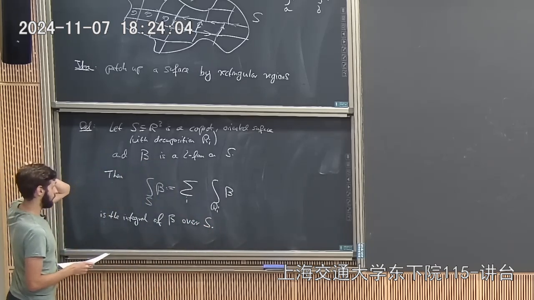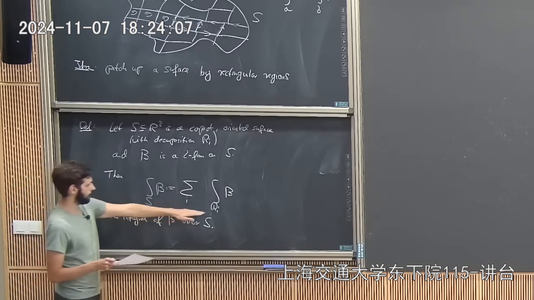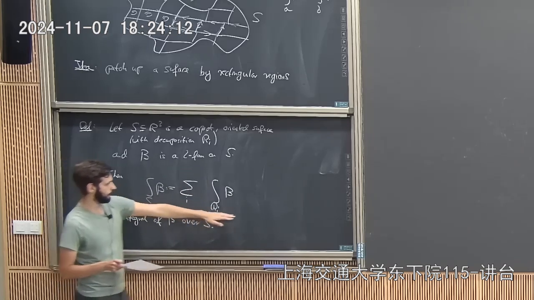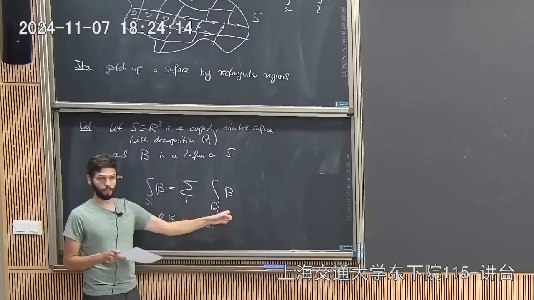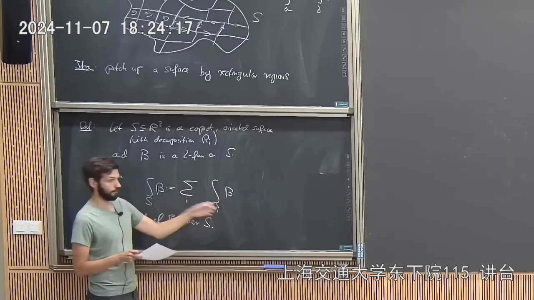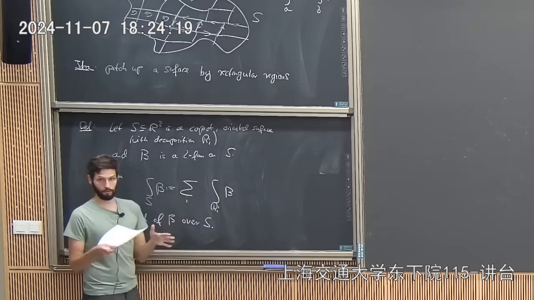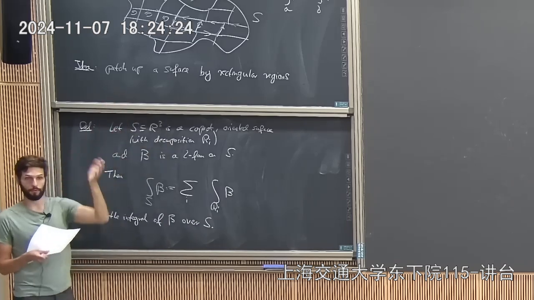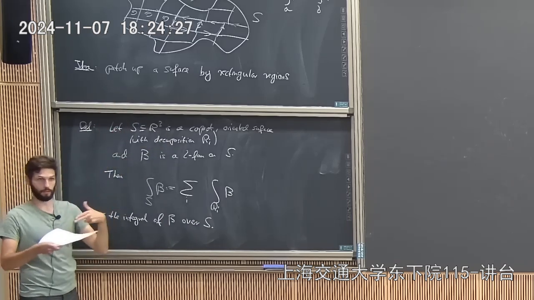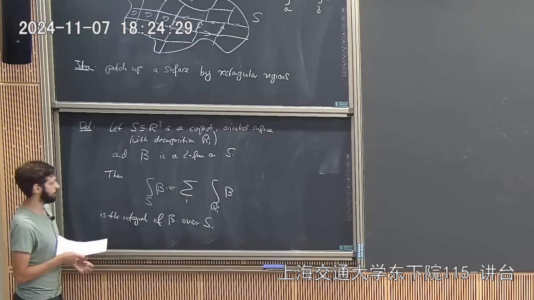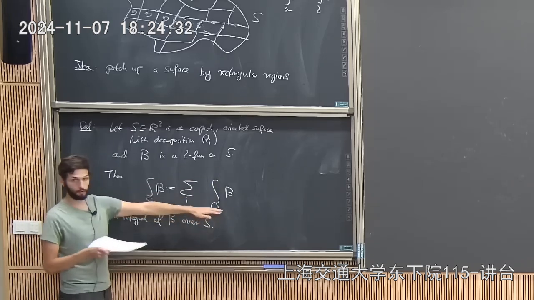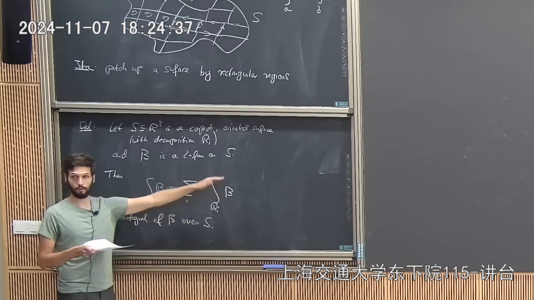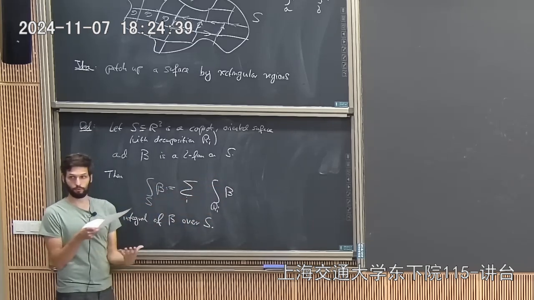And the first question that you have, and which you can answer positively, is: does the right-hand side depend on how I dissect the surface into different rectangular regions? Here we have just one decomposition, but there might be multiple ones. You might, for example, cut one of the rectangles again, or move them around a little bit. And the first result, which I don't want to prove, is that this right-hand side is actually independent of the way that you cut your surface.